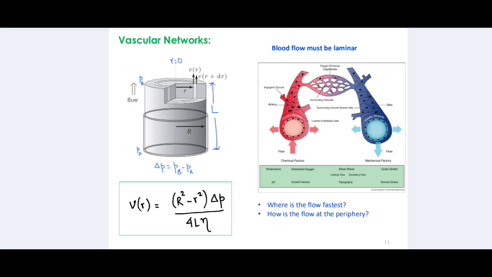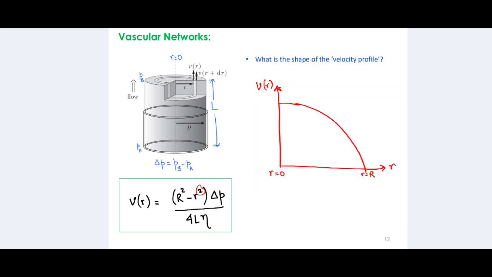So if I want to draw a velocity profile, I think you don't probably need my help. If I have R and V of R, what should it look like? You have a parabola-like behavior, right? This is R equal to 0.